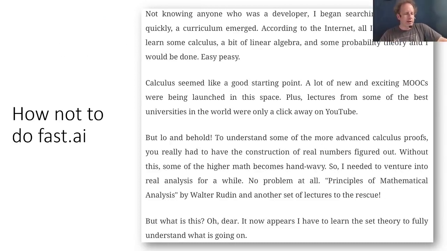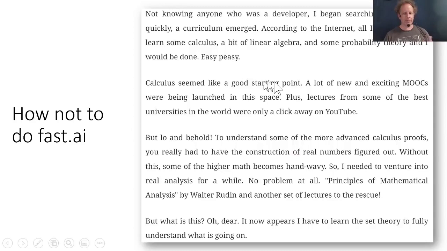So as I said, Radek, this is again from his book, expresses in his book a way of not doing fast.ai, which I have heard now probably hundreds of times. I don't know why this is so common, but many, many people do what Radek did, which was basically to learn all these math things, right?